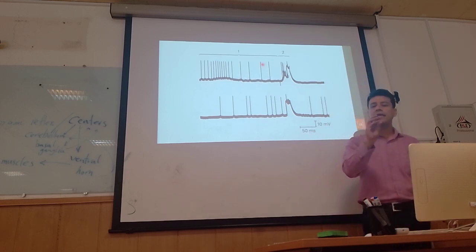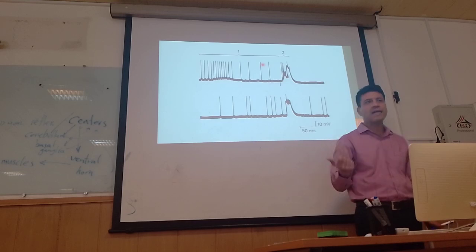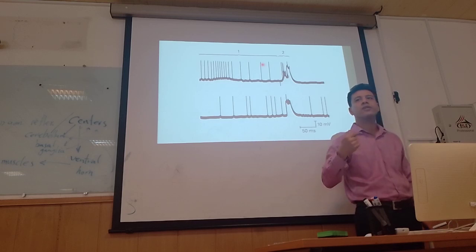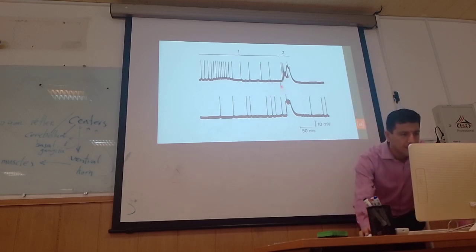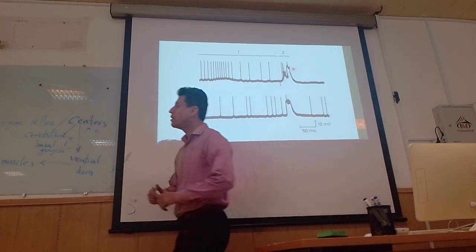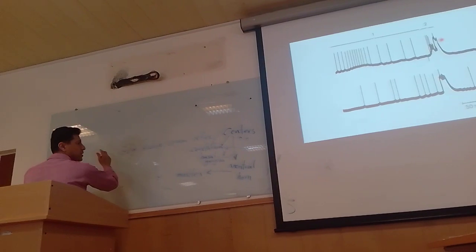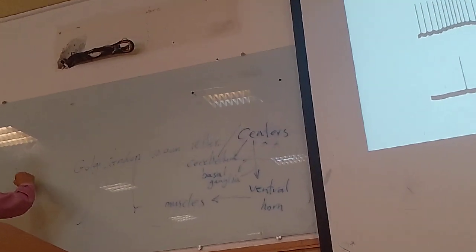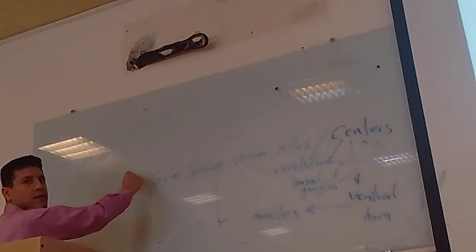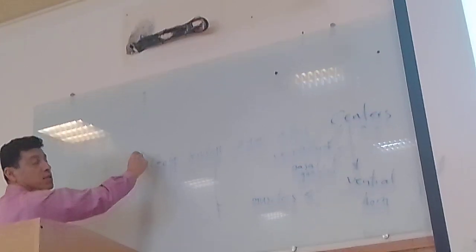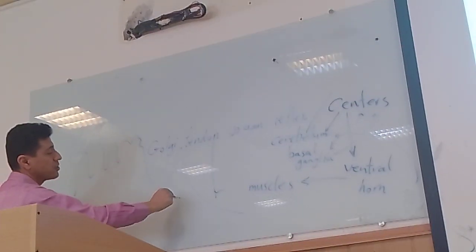But if climbing fibers activate the Purkinje cells, they generate complex spikes. It's like this. Okay, so first, the resting membrane potential goes upward. There is some oscillation in the resting membrane potential, and then the resting membrane potential comes down.